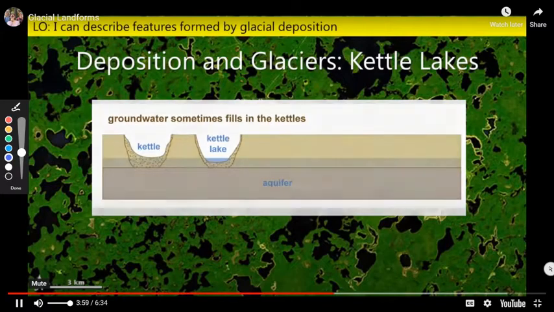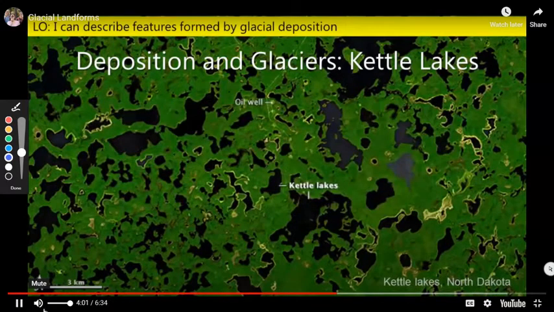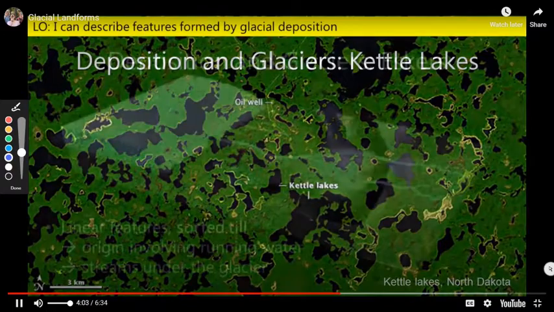This is a better view of those glacial grooves on Kelly's Island.